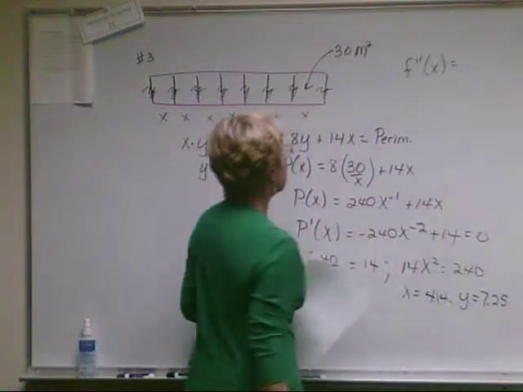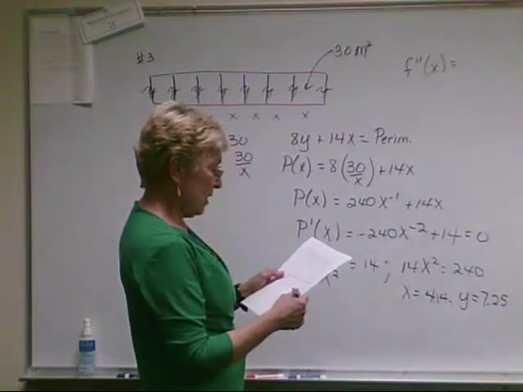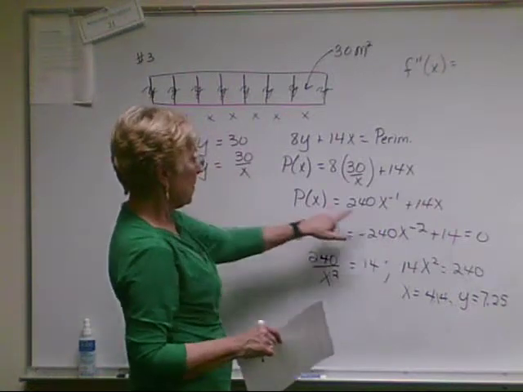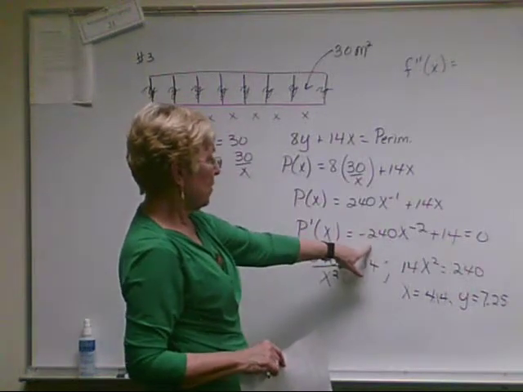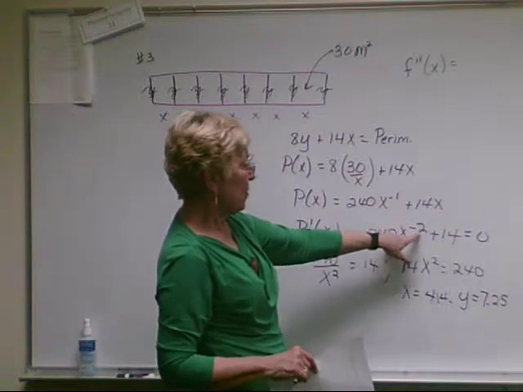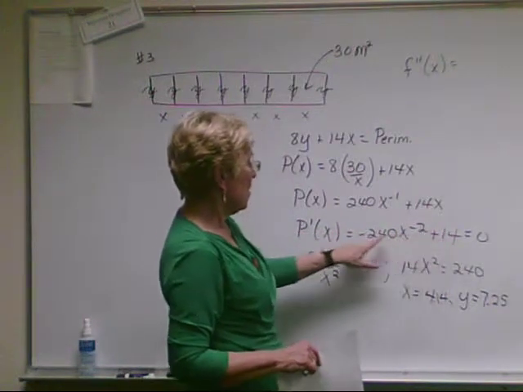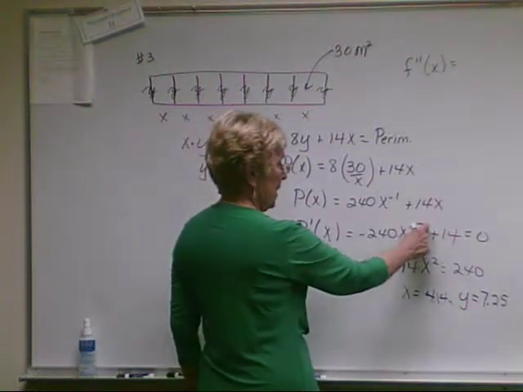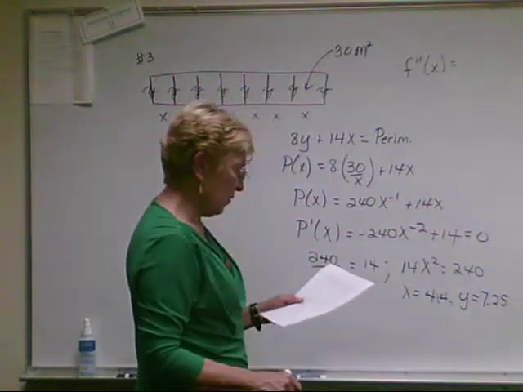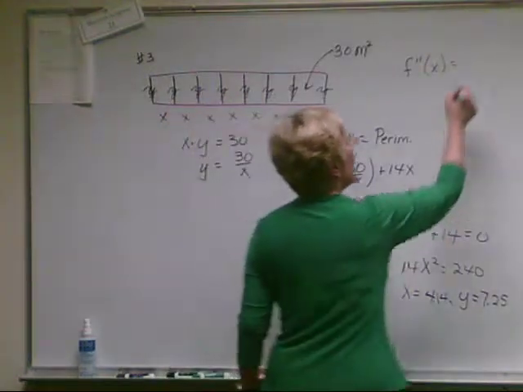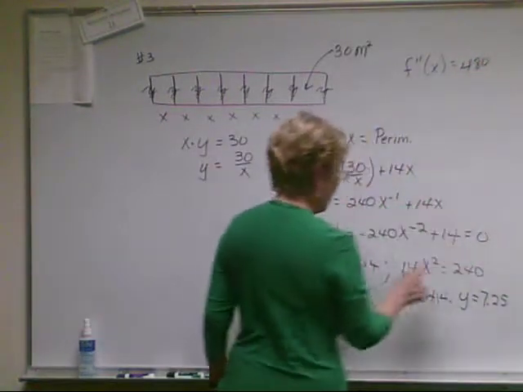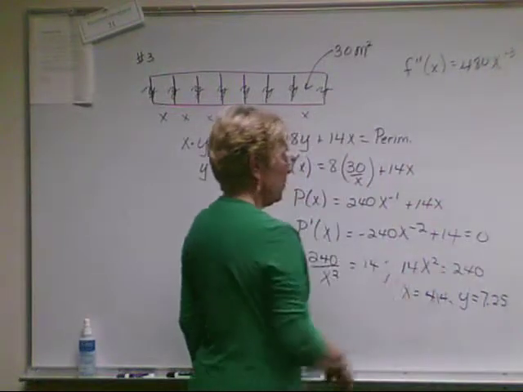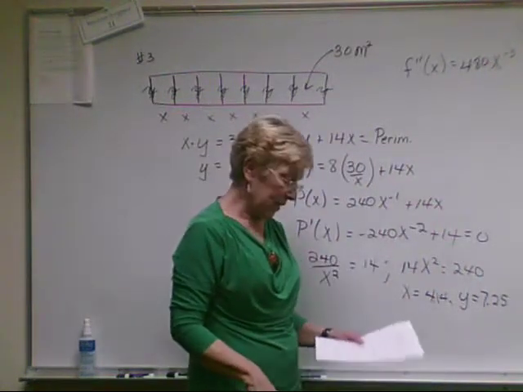So what is our second derivative? Looking at our first derivative, minus 240 x to the minus 2 plus 14, our second derivative is going to be negative 2 times negative 240, which is 480, and dropping the exponent one more, x to the minus 3. Our 14 is going to be gone because it's a constant.